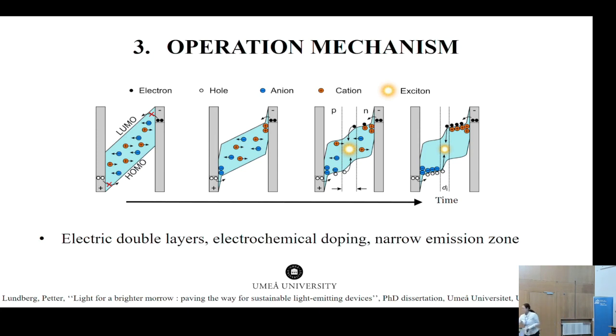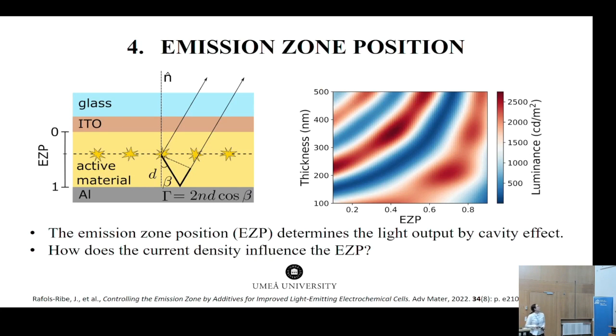Why is this emission zone important in LEC? I will show you these figures. I think maybe we are a little bit familiar with these figures. If the emission zone is at different positions, then the emitted light can have destructive or constructive interference.